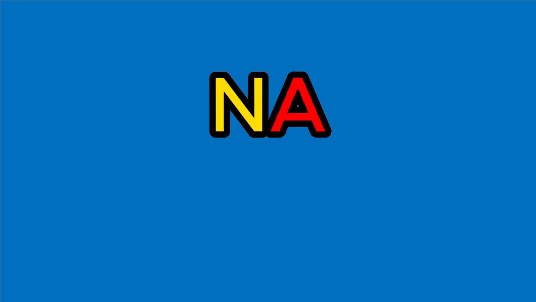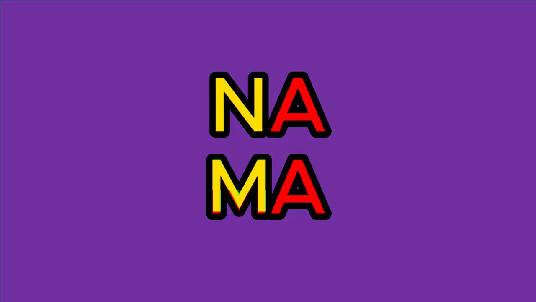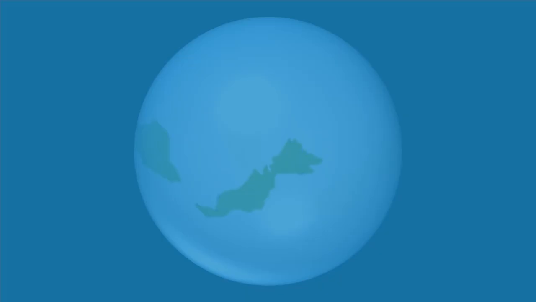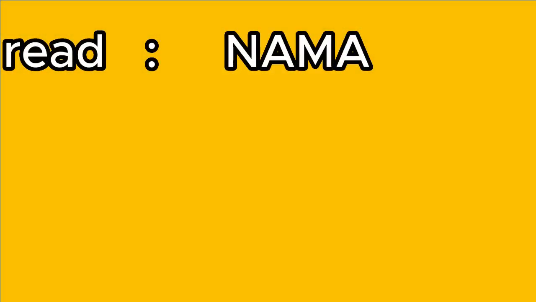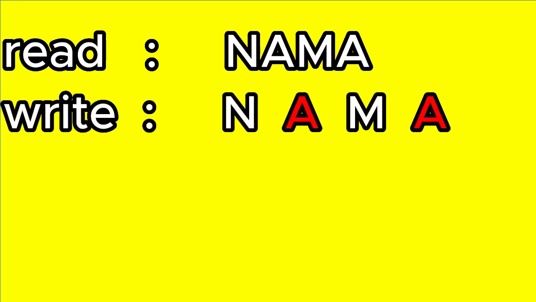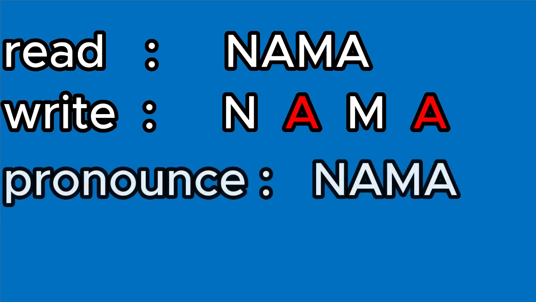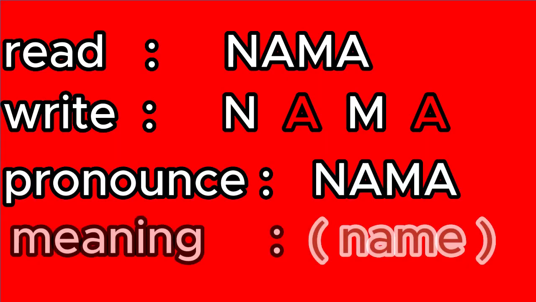See, nama means name in English. Magic, easy peasy. So when you hear the sound nama in Malaysia, it means name. You read it as nama, write it as N-A-M-A, and it means name.